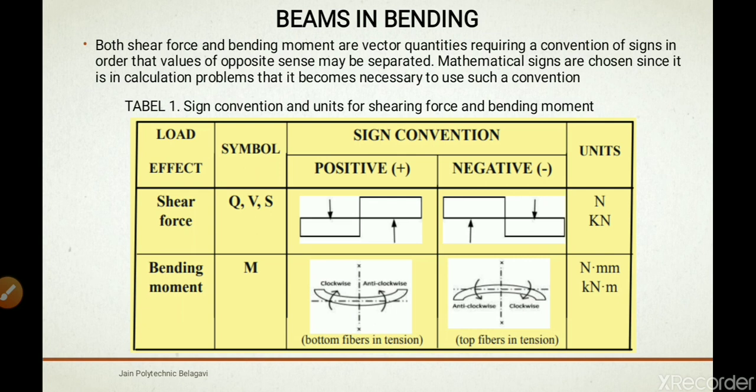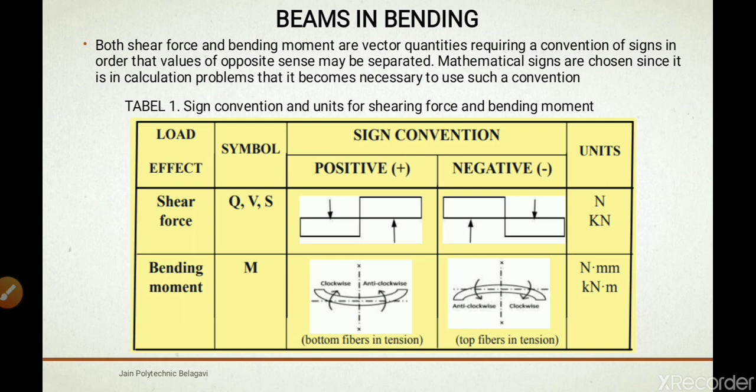Sign conventions are just used to differentiate between positive and negative. These sign conventions you will get to know clearly while solving the problems, because there is one example further in the slide which is going to help you on how to use this sign convention.